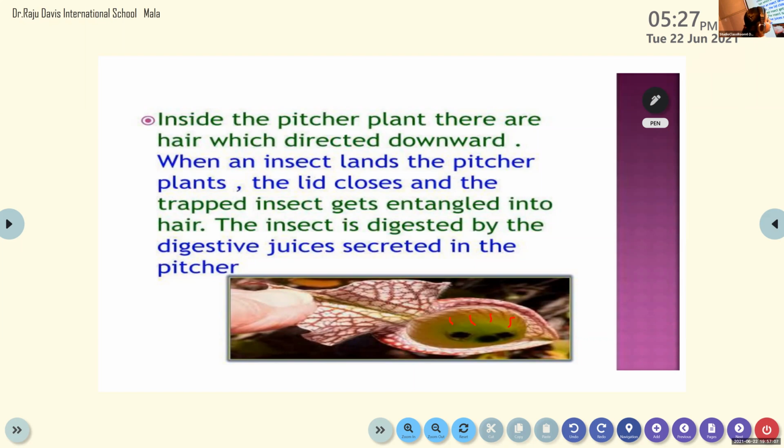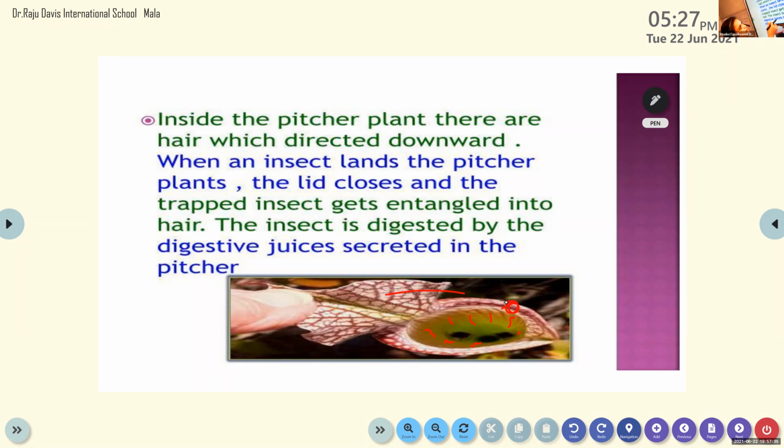Whenever an insect comes and sits on this pitcher, what happens? The open lid becomes closed, thereby trapping the insect inside this pitcher.